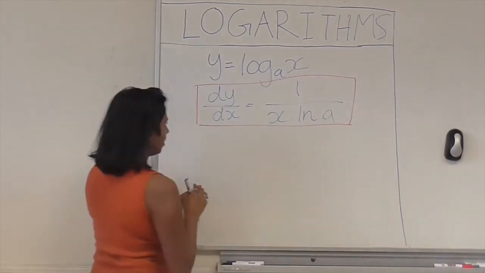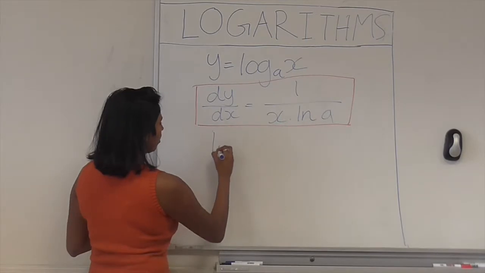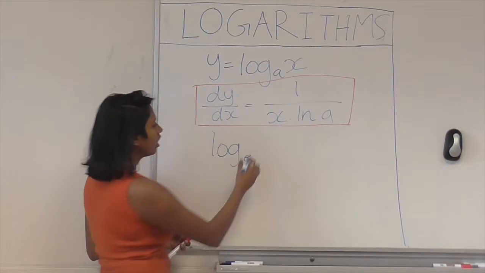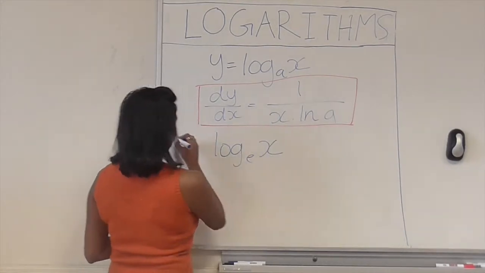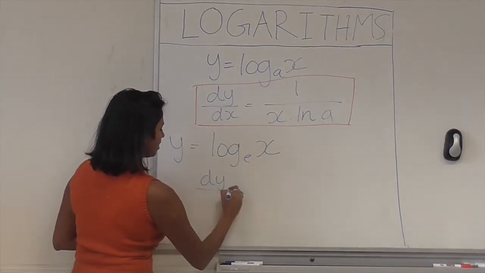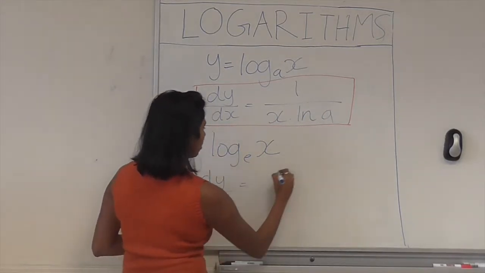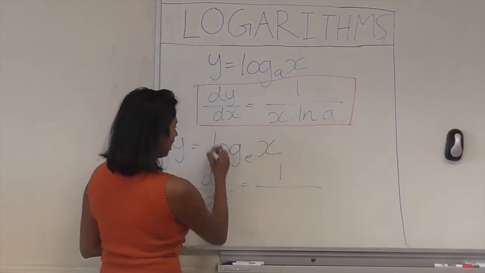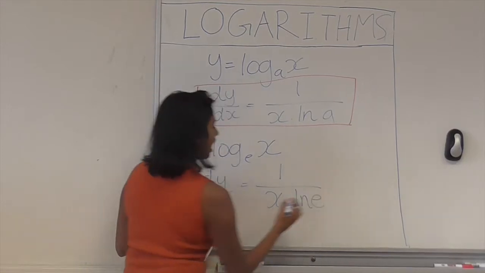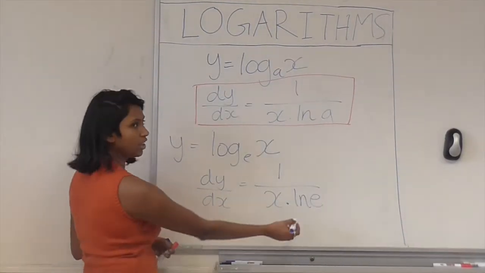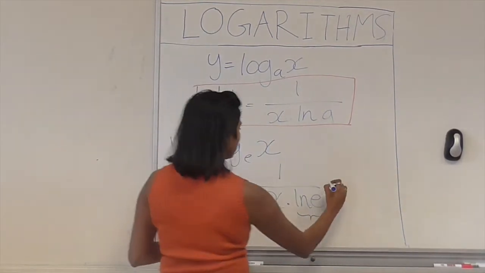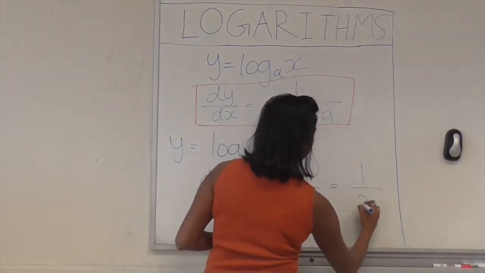So if we have y equals log of base e, which is basically ln, the natural log, then we get dy by dx, which is 1 over x times ln of e. And we also know that ln of e equals 1. So this becomes 1 over x.